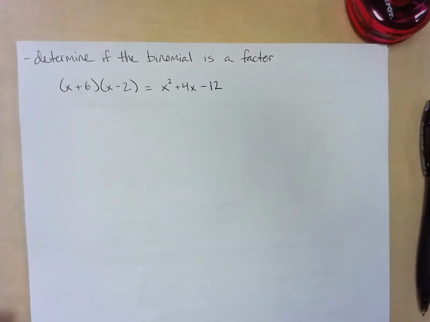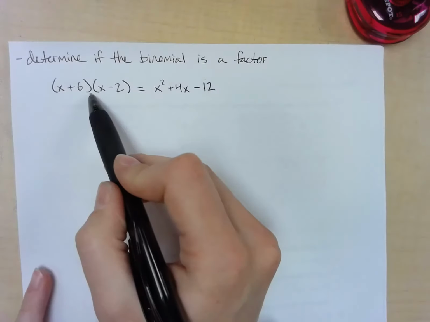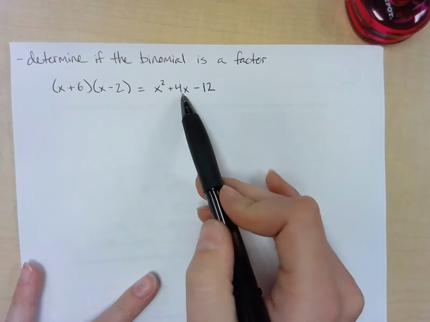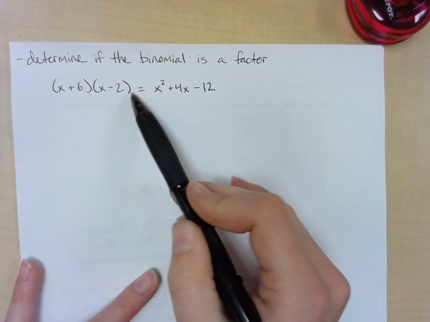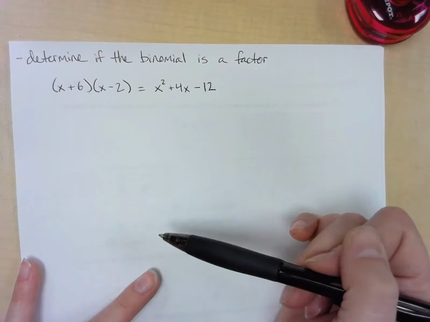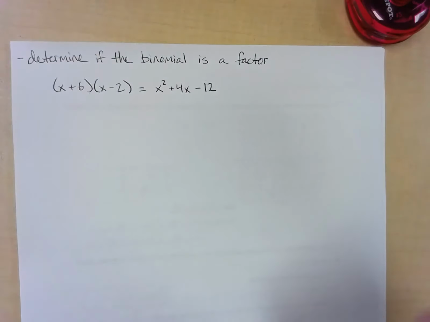Okay. So what I can say with this is that x plus 6 is a factor of x squared plus 4x minus 12, or x minus 2 is a factor of x squared plus 4x minus 12. That's what it means to be a factor, is that it divides evenly.